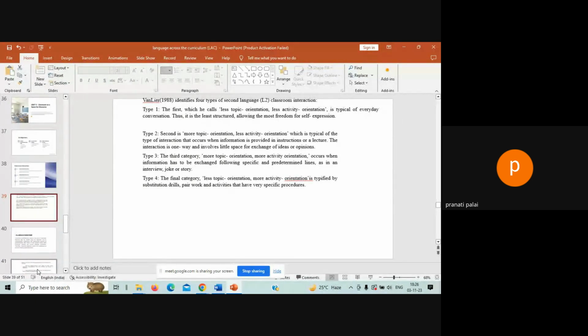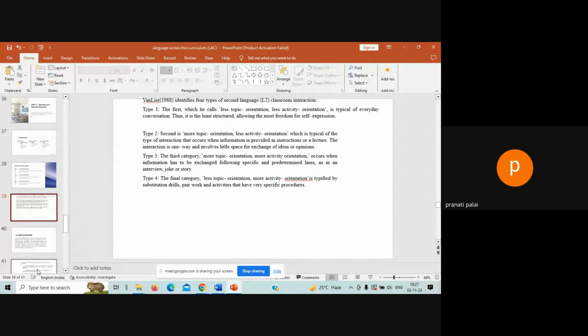Number 3, the third category, more topic orientation and more activity orientation, occurs when information has to be exchanged following specific and predetermined lines, as in an interview, joke or story. Type 4, the final category, less topic orientation and more activity orientation, is typified by substitution drills, pair work and activities that have very specific procedures.